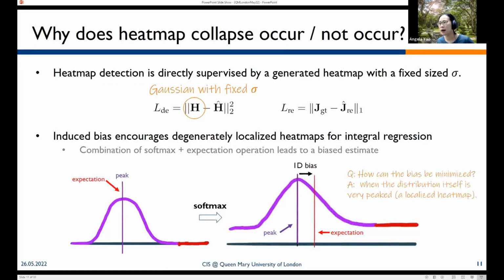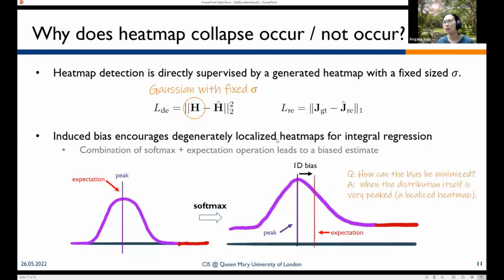And this bias ends up being more and more minimized when your distribution is more and more peaked, right? So it's more localized. This is why in integral regression, it ends up learning very peaked distributions: it's trying to reduce this bias, right?